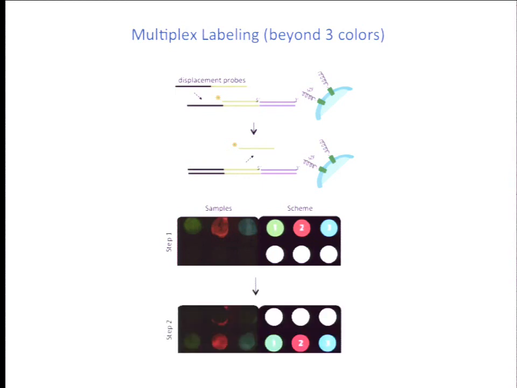And indeed, what one can do now is extinguish the signal from the first three samples, and now visualize the next 3 samples, again using the 3 colors green, red, and blue. So in proceeding this fashion continuously, one can now start to probe living cells with, at least in theory, an infinite number of colors. But the critical thing of also having zinc fingers on the cell surface is that they are also versatile handles for performing other functions.